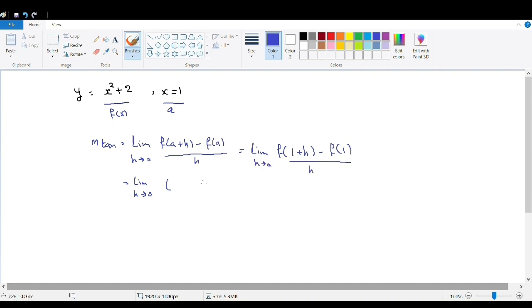So for f(1+h), I go to the function f and replace any x by 1 plus h. So it will be (1+h) squared plus 2, minus f(1), that means 1 squared plus 2. So this is divided by h, and we evaluate the limit when h approaches 0.